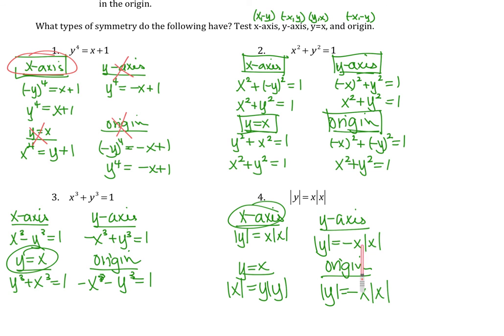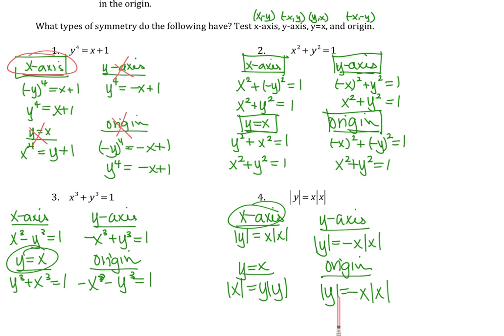In this one, we would have to plug in negative x. So I'm only taking the absolute value of one of them, so this one stays negative. So it's different from what I started with. So no symmetry in the y-axis. This one here, we now have a very different equation, so no symmetry in y equals x. And then the same thing happens in symmetry in the origin.